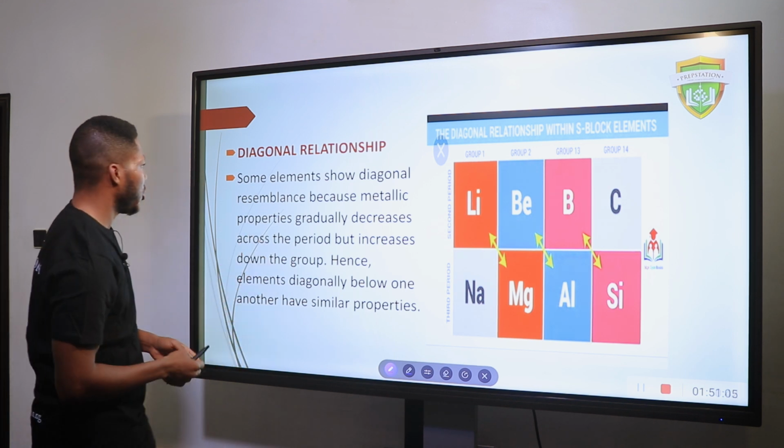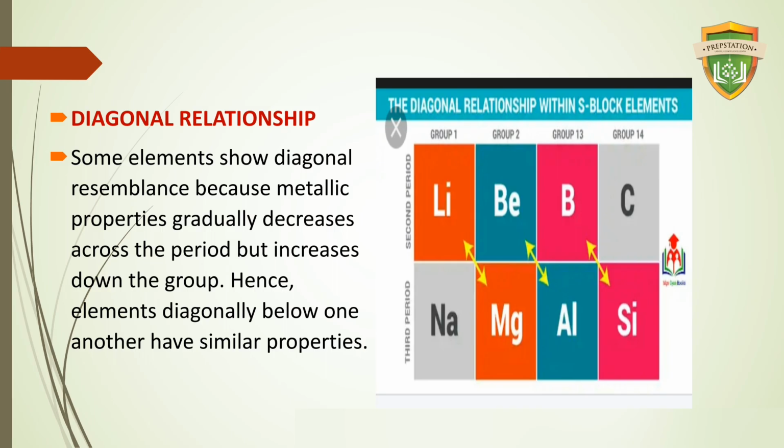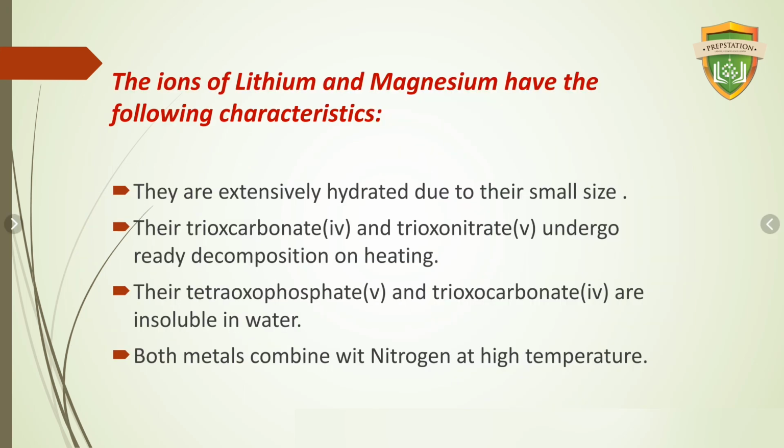Some elements show diagonal resemblance because metallic properties gradually decrease across the period but increase down the group. Hence, elements diagonally below one another have similar properties. Now let's look at some of the properties. For example, the ions of lithium and magnesium have something in common. First, they are extensively hydrated due to their small size.